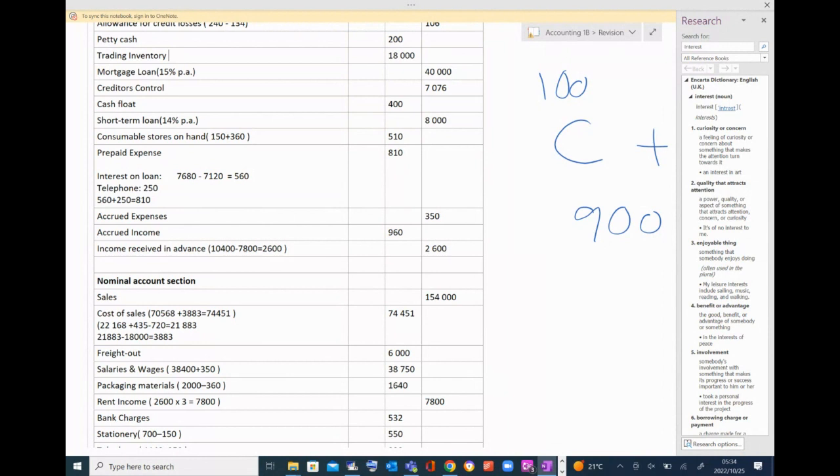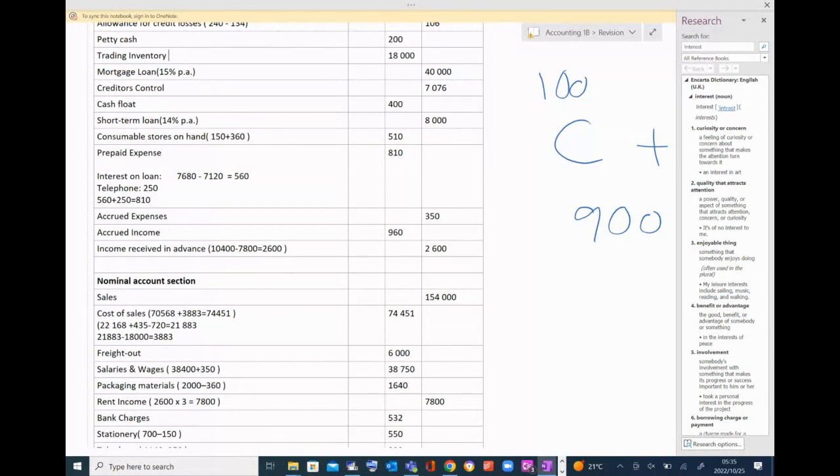If you get a situation where they say we bought new trading inventory with 2,000, but it was not recorded, add the 2,000, because what it's saying is whatever's on your trial balance is not inclusive of the 2,000. So you're going to add it in, and then obviously the next adjustment will be deducted. Does that make sense? If they've thrown it in additional information, that means it has relevance. Sometimes they might be tricking you for you to check.